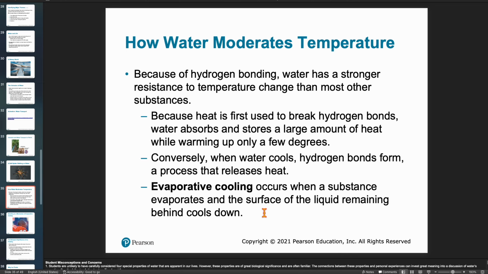Okay, next. I already mentioned this. This is just a reverse way of saying the same thing I said about high specific heat. Because water has a high specific heat, it's going to take a lot of loss of energy before it cools down. Conversely, when water cools and you start forming the hydrogen bonds again, it requires a lot of release of heat.